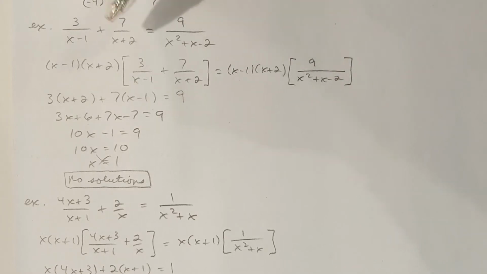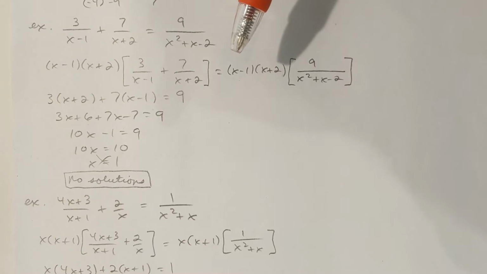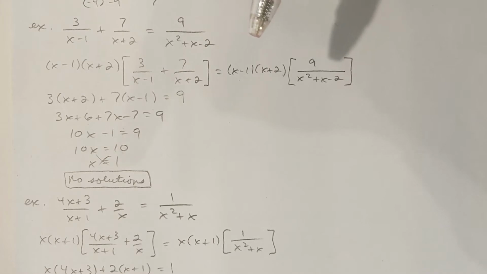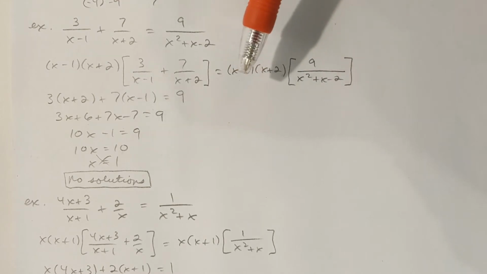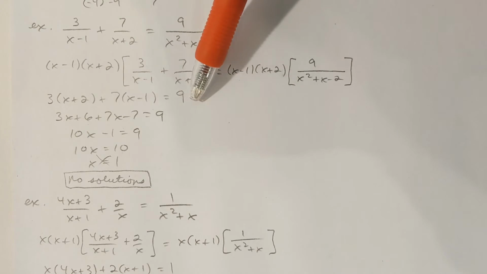So we're going to conveniently have all of these denominators go away on both sides. That'll sometimes happen with the equations that you guys have. And so I've got x squared plus x minus 2 going to cancel with x squared plus x minus 2 right here. That'll leave me with 9 on the right.